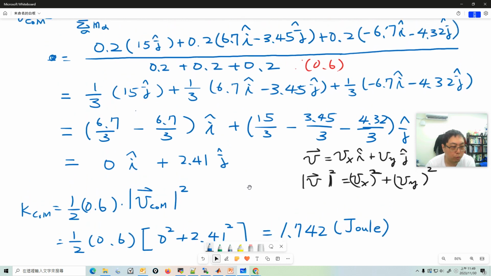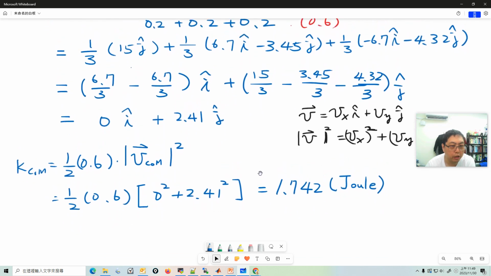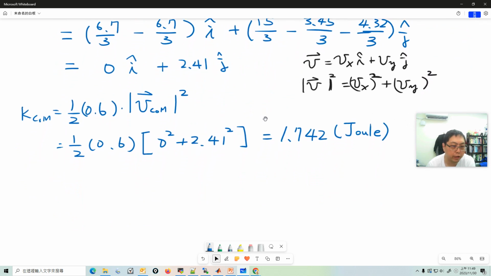The other part is he wanted us to calculate the internal kinetic energy. You have two ways to calculate it. First, internal kinetic energy is equal to the total kinetic energy of the system minus the kinetic energy of center of mass.